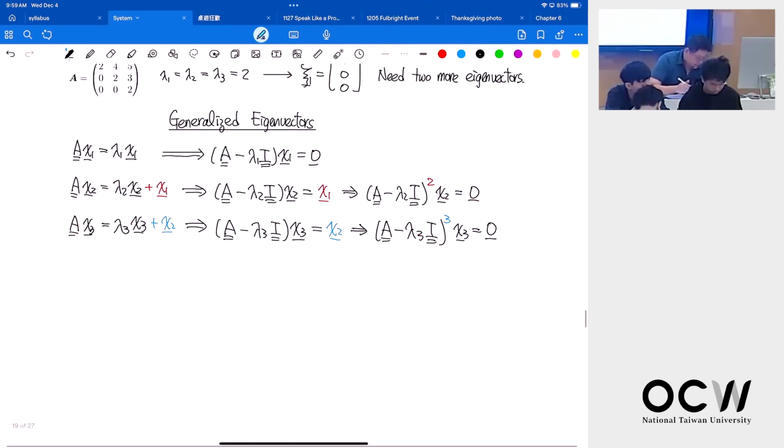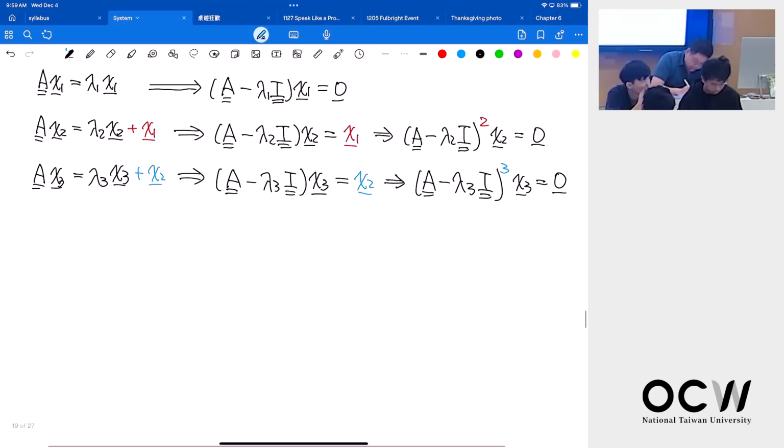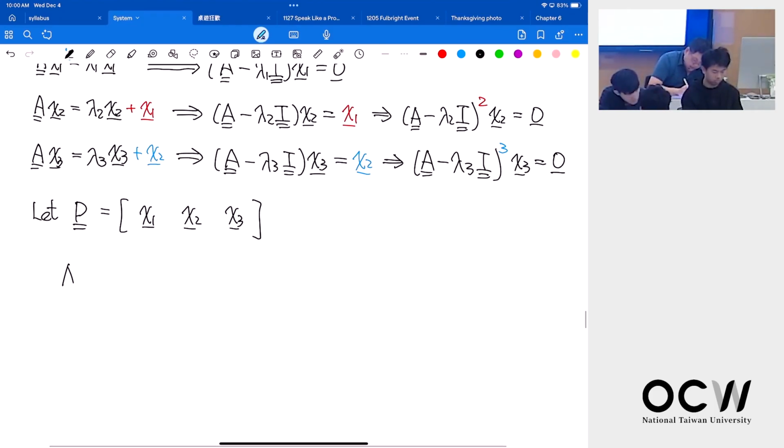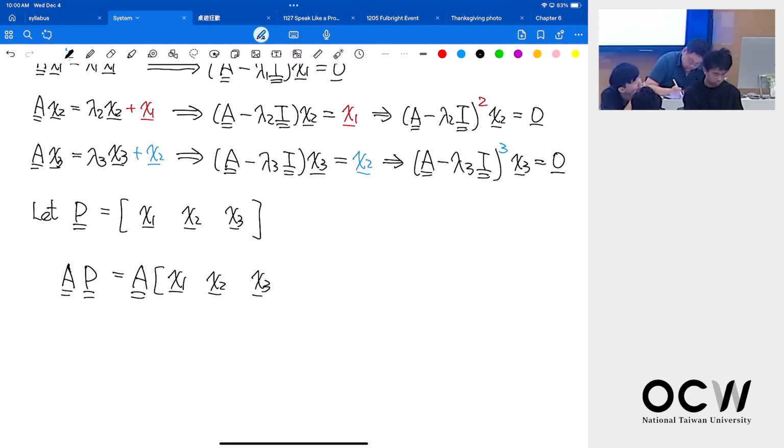Then I have the P matrix formed by those eigenvectors. Then A times P will be matrix A times x1, x2, and x3.